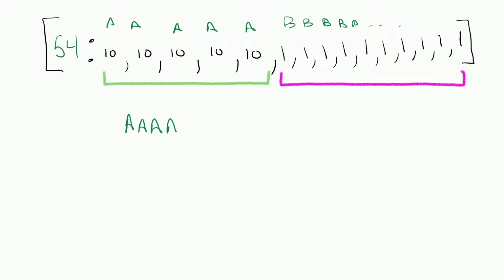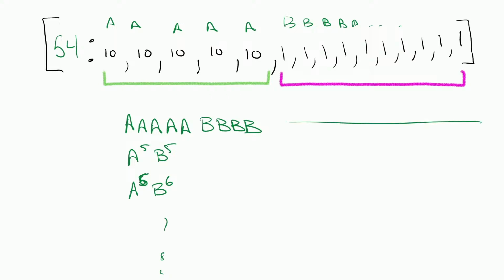So winning coalitions are going to look like this. All of the A's have to vote yes, and any number of B's where you have 4 B's or 5 B's, 6, 7, 8, 9, and 10. You know what, I will do it this way. How about this?